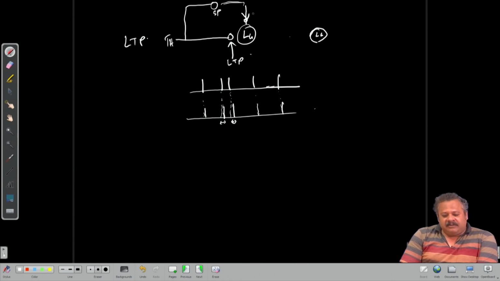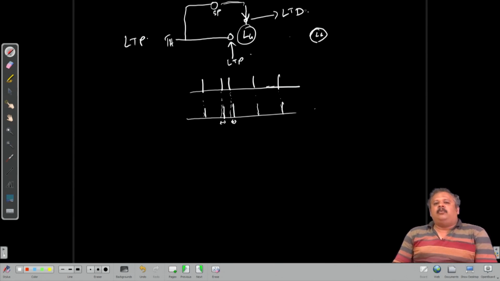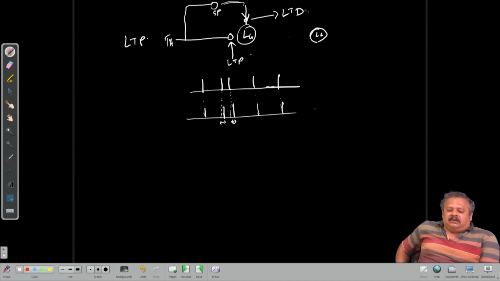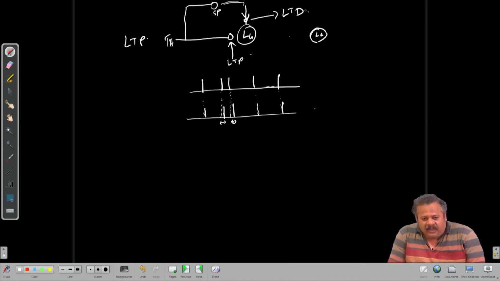So, there is one synapse delay that is coming in between the subplate input and the thalamic input to layer 4. That way there is long term depression in this particular synapse, and this will gradually die away.